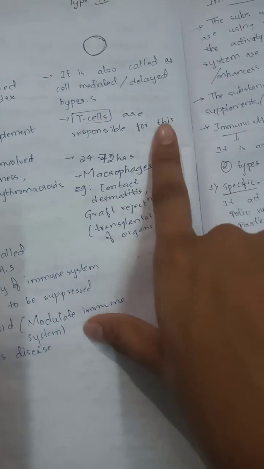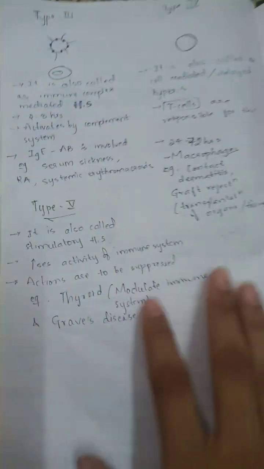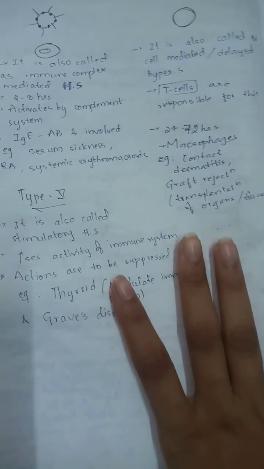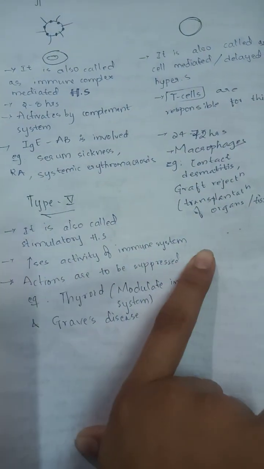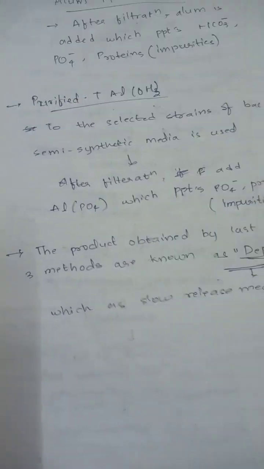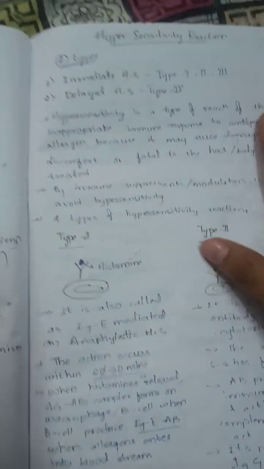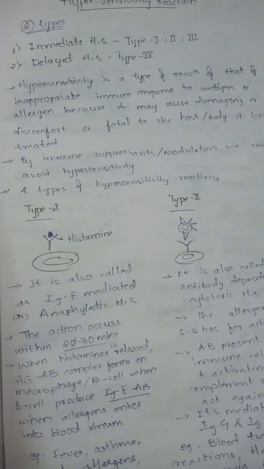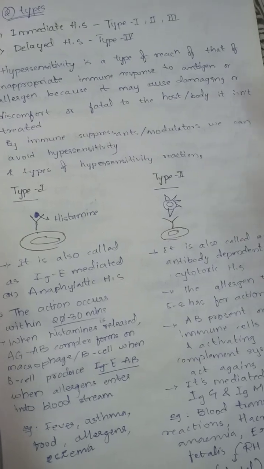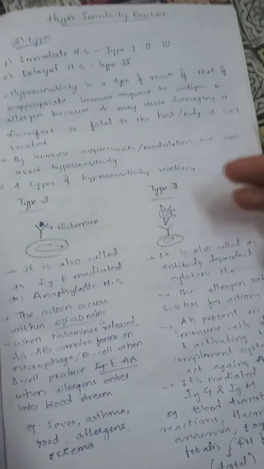So T cells are responsible, and examples are contact dermatitis and graft rejection. While type 5 is stimulatory hypersensitivity and increases activity of the immune system. The examples are thyroid and Graves' disease. So all we need to remember is the other name, time taken, mediated by which antibodies, and the examples.